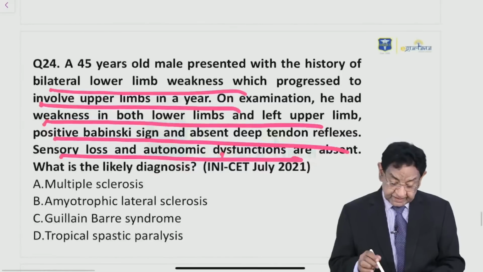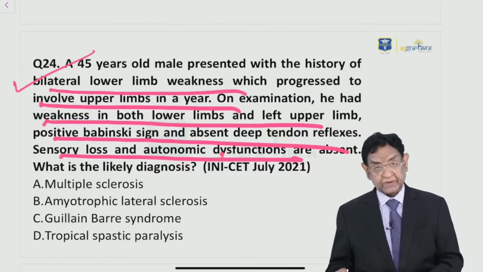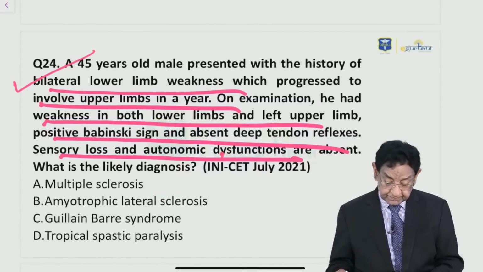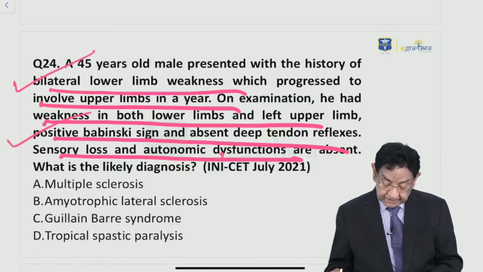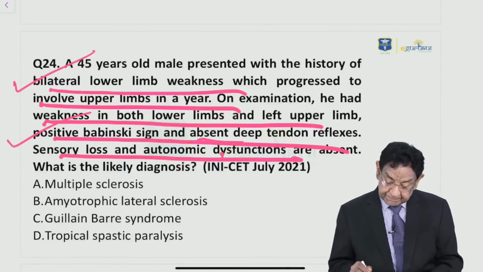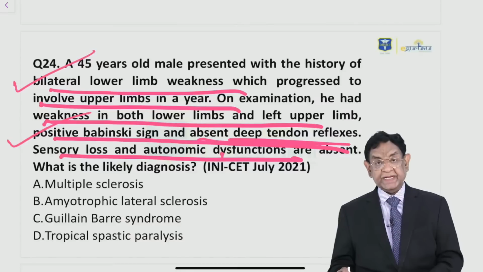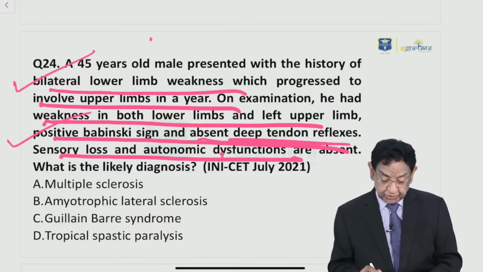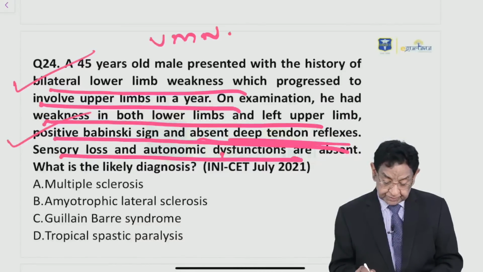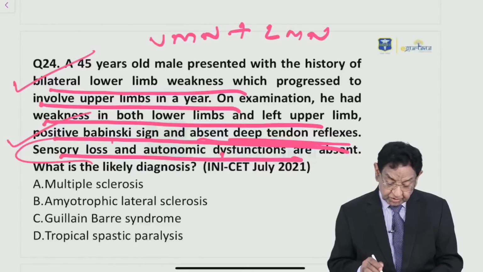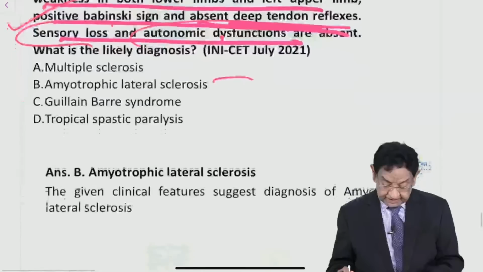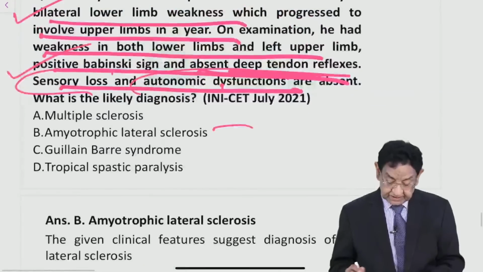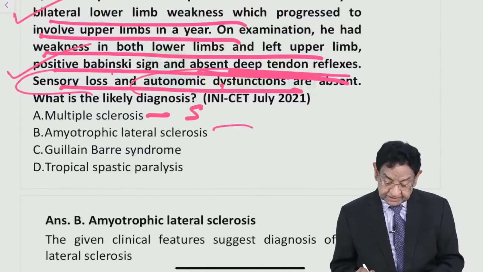So we are getting motor weakness, positive Babinski sign, absent deep tendon reflexes. So we are getting a mixed picture of upper motor neuron plus lower motor neuron lesion. No sensory loss, no autonomic dysfunction, which we see in amyotrophic lateral sclerosis. In multiple sclerosis, sensory is involved.